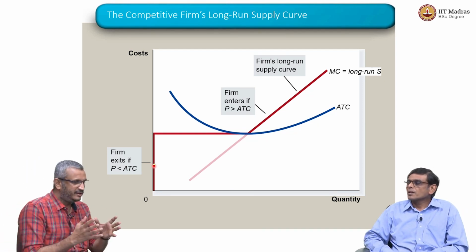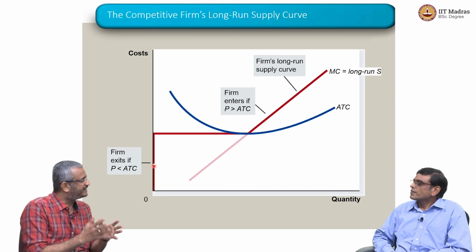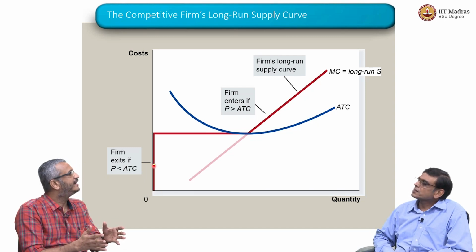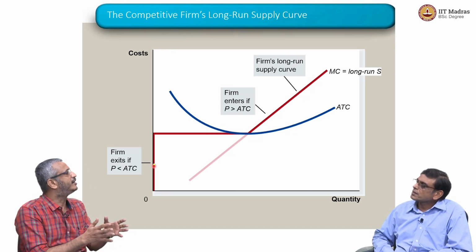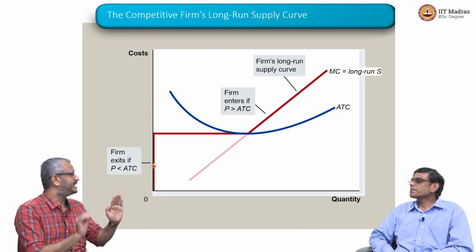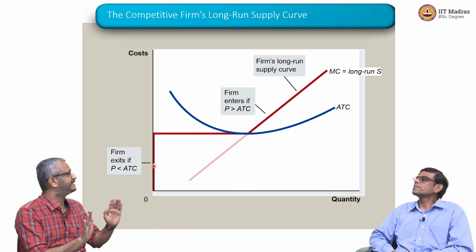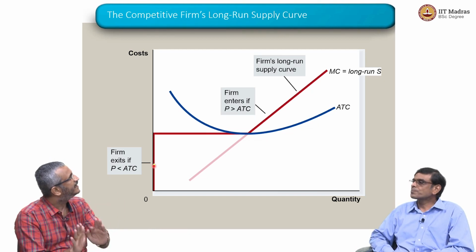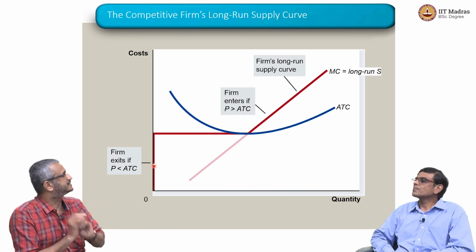So this whole decision of firms in terms of entry, exit and shutdown, and also the decision in terms of how much quantity to produce, is arrived at by examining the cost as well as the production functions. And that is the empirical value of this analysis.